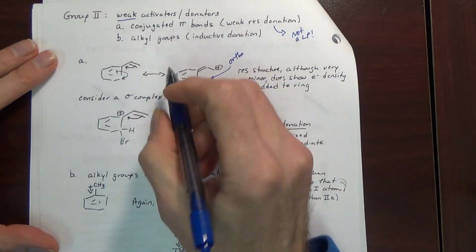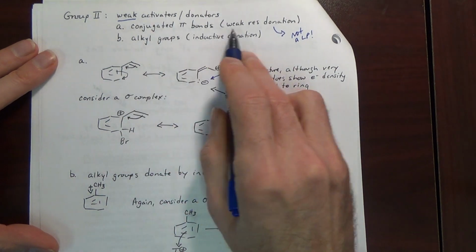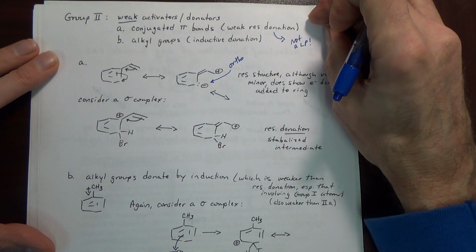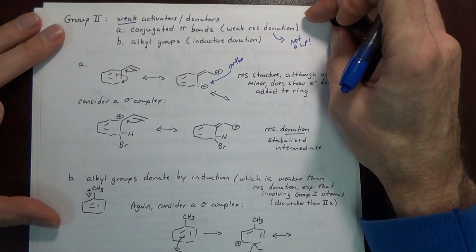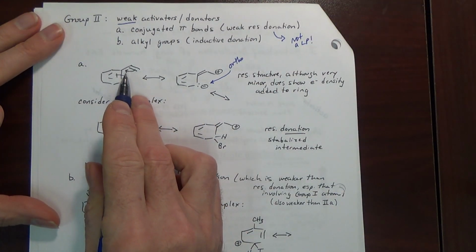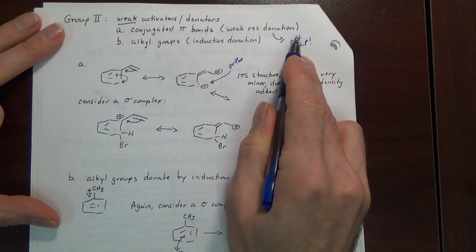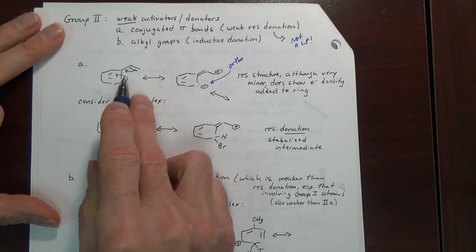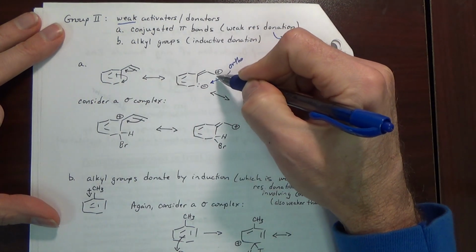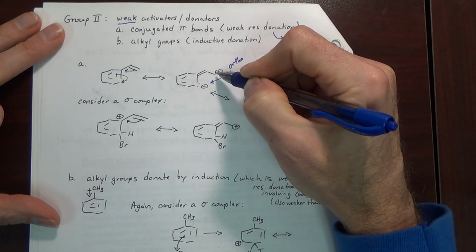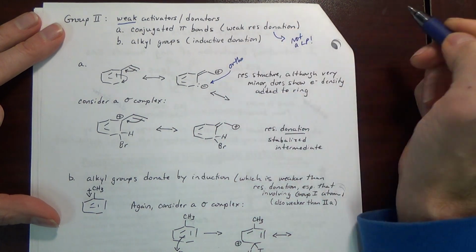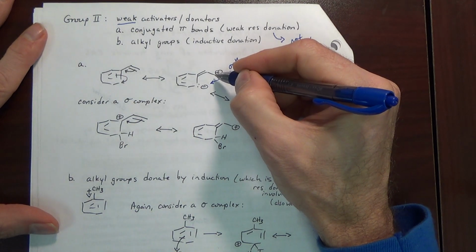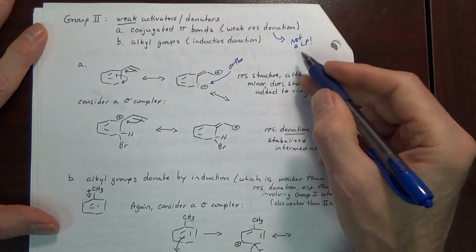And the resonance here, donation of the pi bond, is weaker than the donation by a lone pair. Lone pairs donate stronger by resonance because they're not bonding. Also, when we do this, we leave a carbocation with no octet, so this is not a great resonance structure. Not as good. It's still reasonable, but this is a weaker effect.